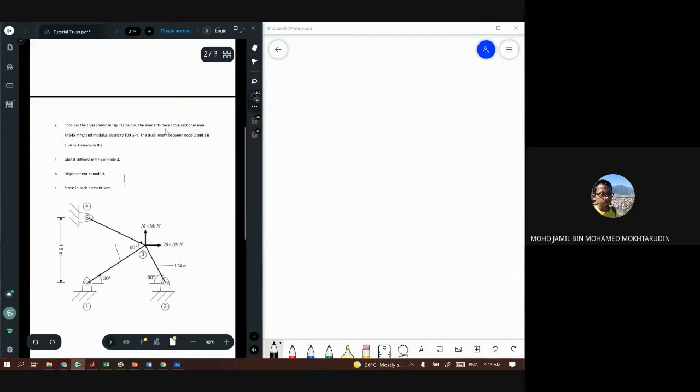The elements have cross-sectional area A equals 645 millimeter square, and then Young modulus E equals 100 gigapascal. Okay, and then the length for each element is different.